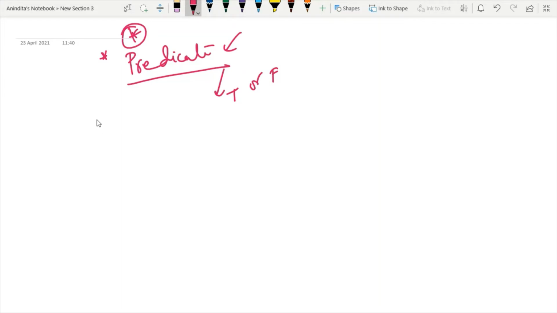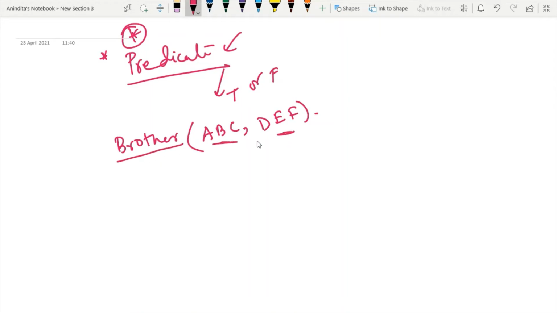So if I write a particular function like brother, say ABC is a brother of DEF, this statement can be written as brother(ABC, DEF), means ABC is a brother of DEF.